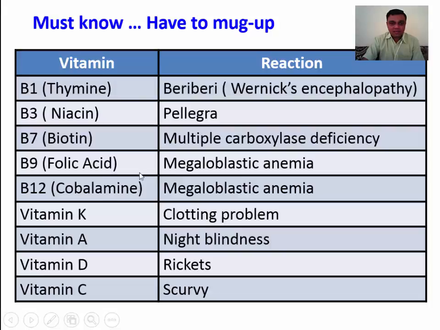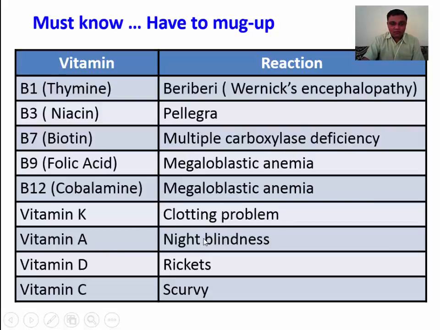Folic acid and cobalamin deficiency cause megaloblastic anemia. Vitamin K, we saw, is used for clotting factor carboxylation. So if it is deficient, the carboxylation is not there, and there will be a problem with clotting.